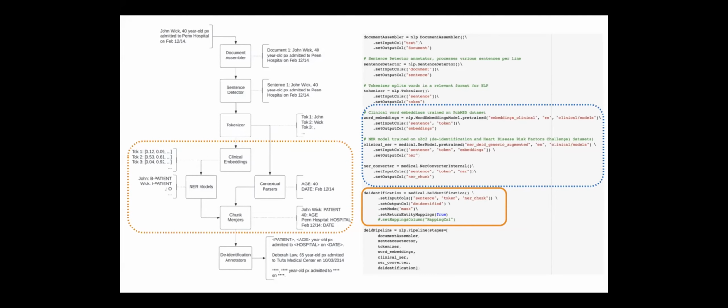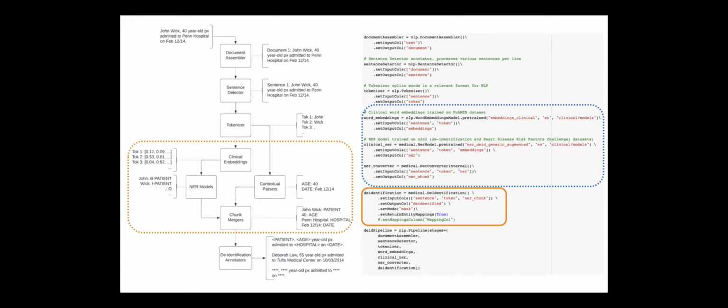So if NER fails there, but the contextual parser or regex matcher catches those entities, you don't even need to check the NER label, which might miss this entity given the context. That's why the chunk merger has different fuzzy matching or merging strategies that we prioritize according to some error analysis that we do. Then we send everything to the de-identification annotator. So far, we tried to extract all the PHI entities, sensitive information. Now we get it.